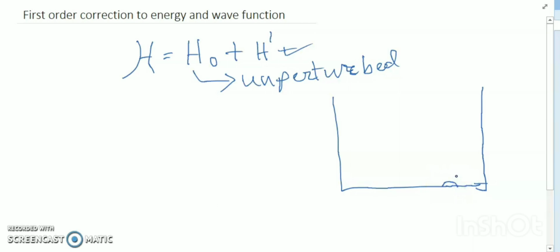An important thing to understand about perturbation theory is that it is an approximation. Sometimes we will be lucky, but that is not going to be the case in general.